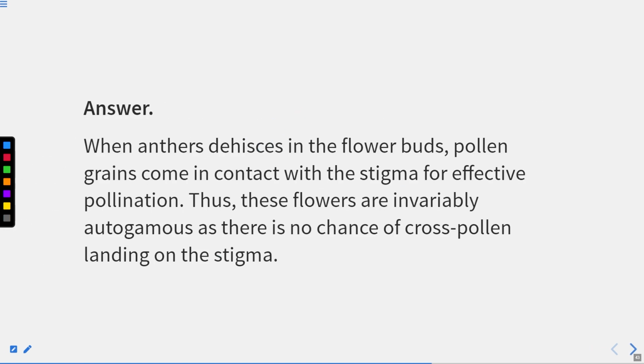When the anther dehisces in the flower buds, the pollen grains come in contact with the stigma for effective pollination. Thus, these flowers are invariably autogamous, as there is no chance of cross pollen landing on the stigma because the flowers are always closed.